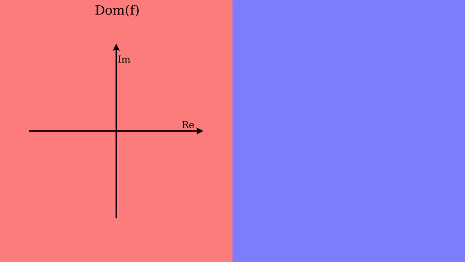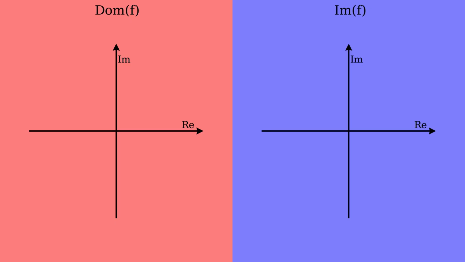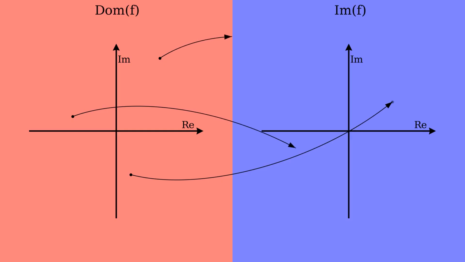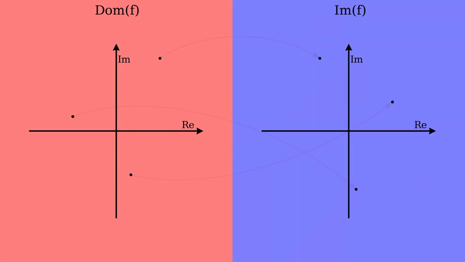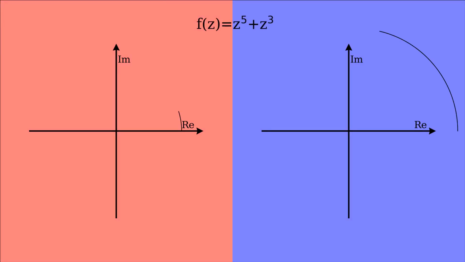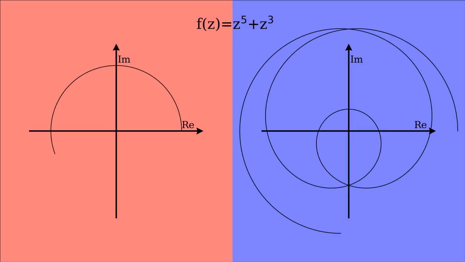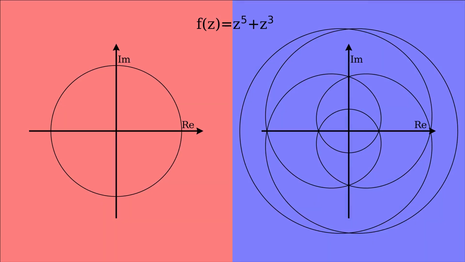Here we have on the left the domain axis, and on the right there's the codomain axis. Since these deal with complex numbers, they need to be two-dimensional. What a function does is take points from the domain and map them to points in the codomain. Let's see this in action with the function f of z equals z to the fifth power plus z cubed.